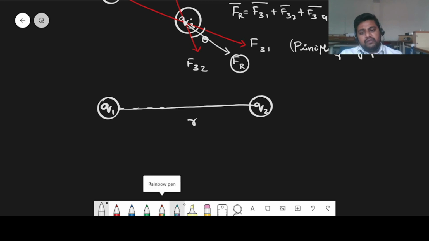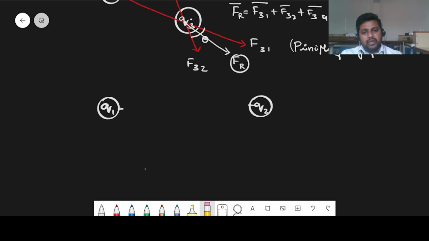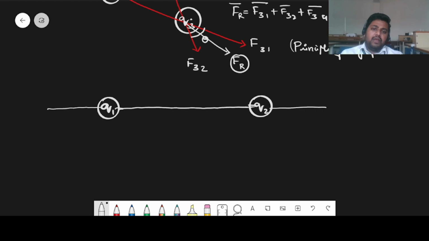Now, the questions that will be asked will be in this format, where you will keep a third charge in such a way that it will be in equilibrium position. Where will be the equilibrium position of the third charge that you are about to keep? Now, it depends on the nature of these charges. Let's say this is a positive charge and this is also a positive charge. So you have three different regions. This is the first region, this is the second region, and this is the third region.